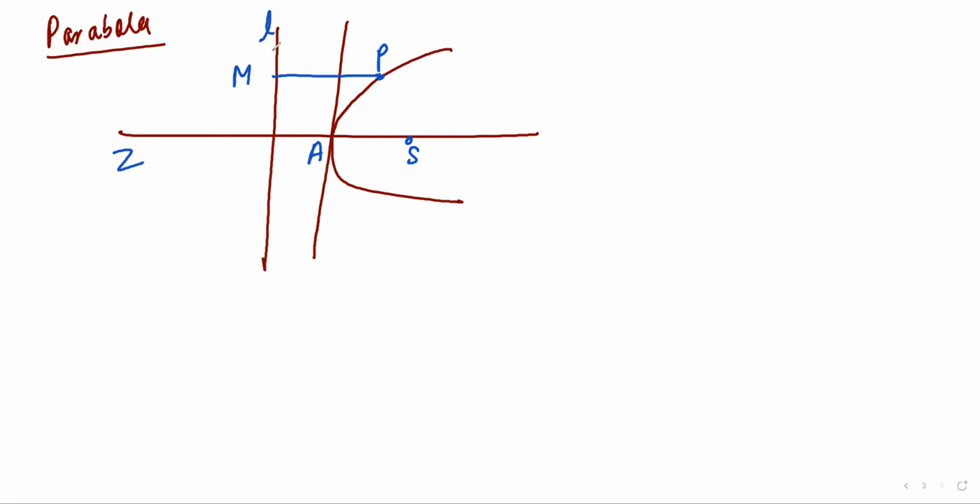So if P is a point on the parabola and the perpendicular distance of P from the directrix is PM, then according to the definition, SP upon PM is equal to 1. This is by the definition of conic.